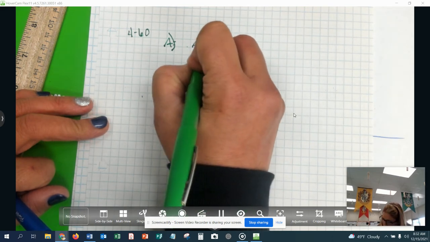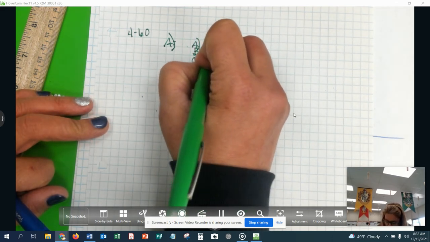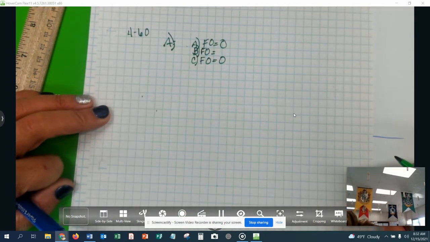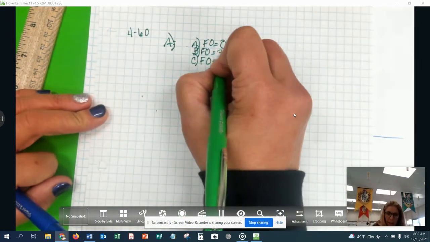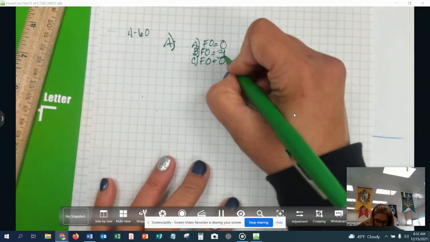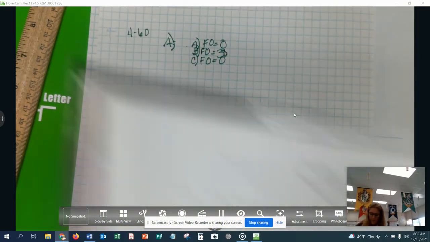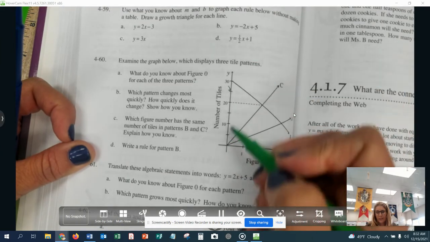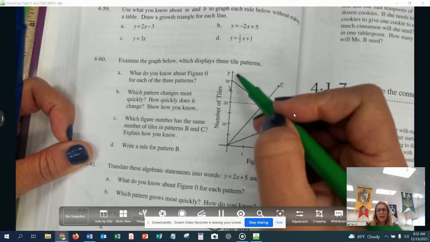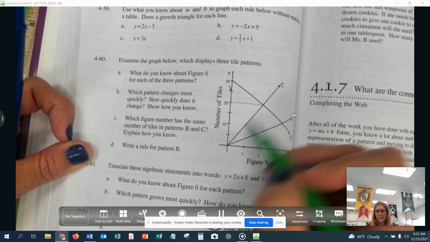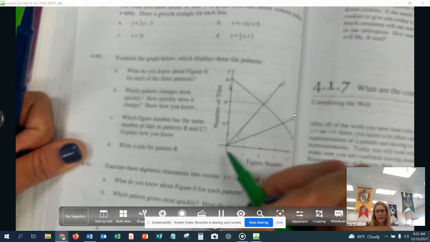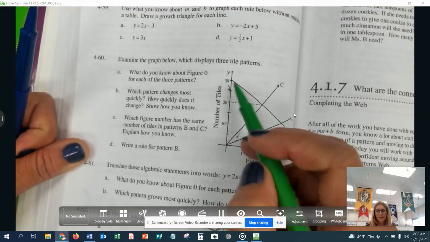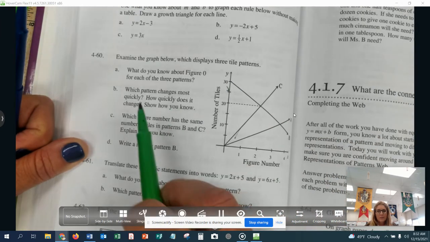B is going to equal figure 0 is going to equal 30. How do I know that? It's because if you look, all of our B's or our figure zeros are B's, and they're all on the y-intercept. So C and A don't have a figure 0, and then 30 B does.